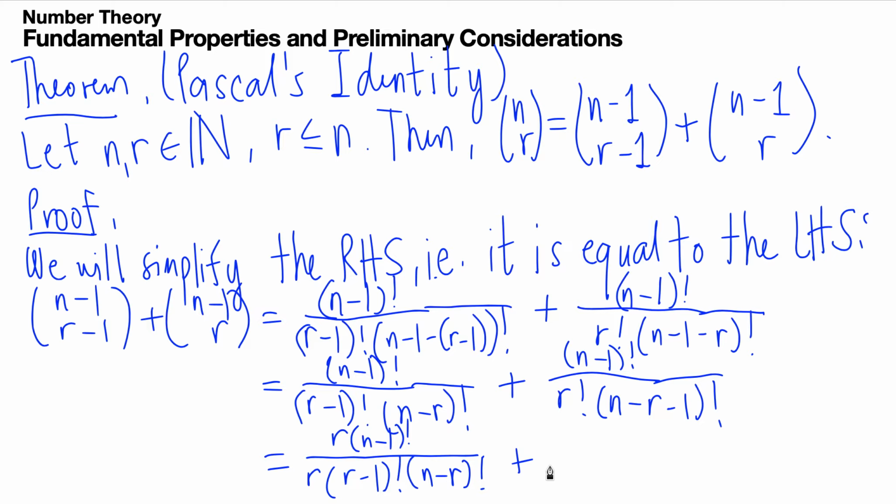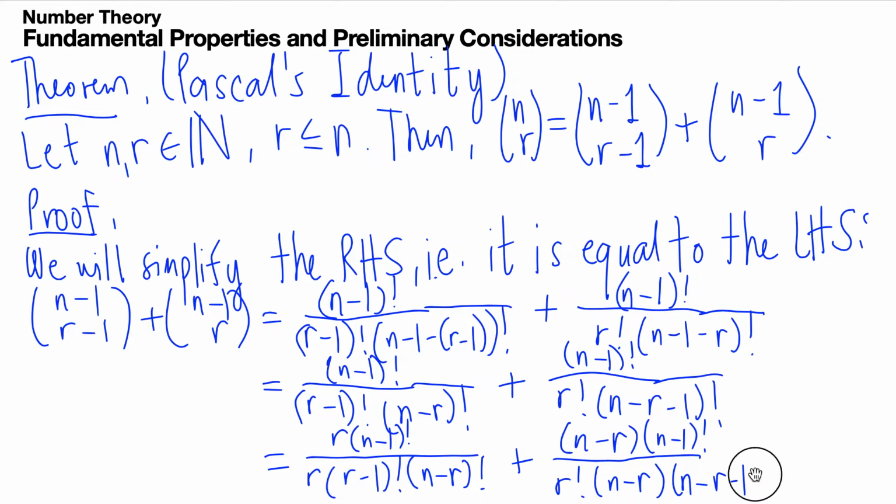Plus, in this part, we are lacking one n minus r, so we'll put here n minus r times n minus 1 factorial all over r factorial times n minus r times n minus r minus 1 factorial.